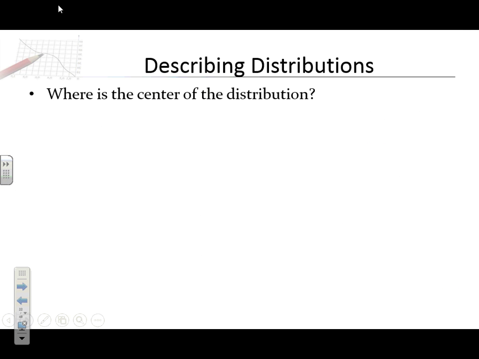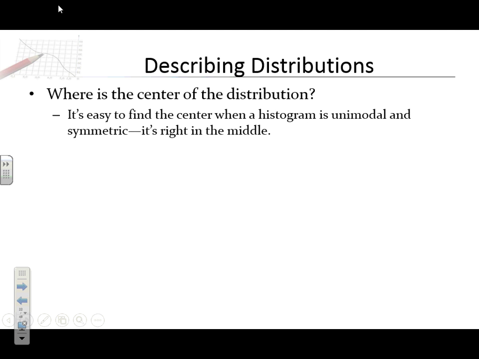Center. So once we've established shape, we can now talk about center. Now for today, we're only going to talk about one measure of center. Tomorrow, we'll talk about the second and when we use each one. So for the center of the distribution, as far as describing where it's at, with a symmetric distribution, the center is very easy. It's right in the middle.